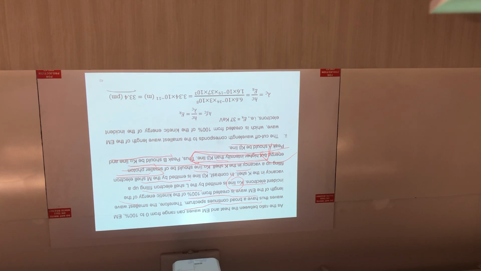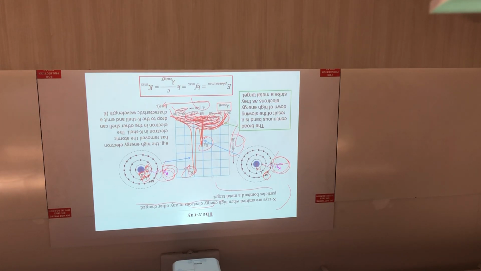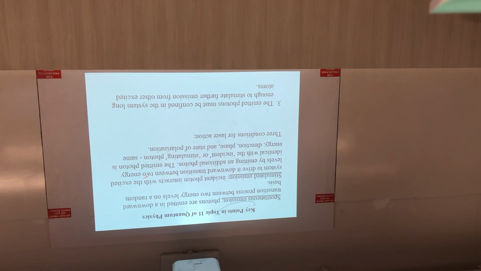Very, very short wavelength. Alright, going back to our previous discussion, we conclude this X-ray topic and move on to another key point, spontaneous emission and stimulated emission. It's very straightforward to follow those definitions, so I'm going to skip.